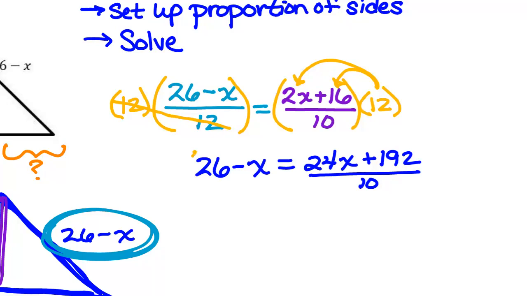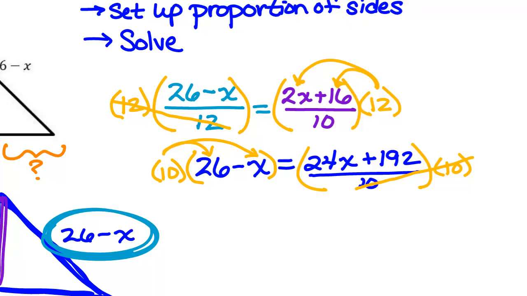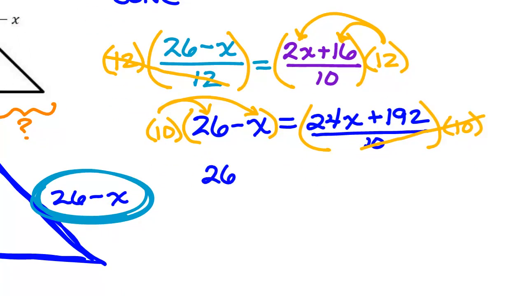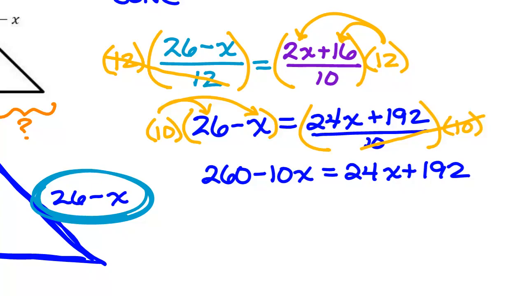So now we have to multiply by that denominator. So I'm going to multiply both sides by 10. Cancels out my denominator on the right. I have to distribute the 10 to both of these. So I would have 260 minus 10x equals 24x plus 192.